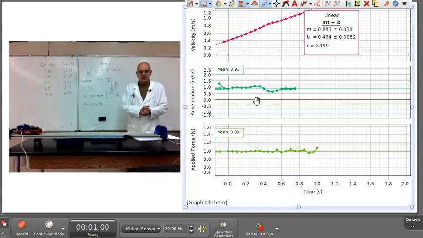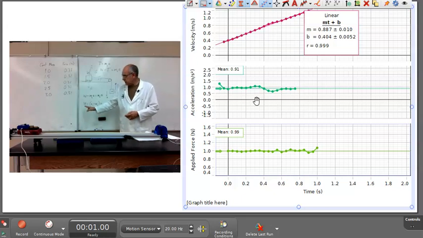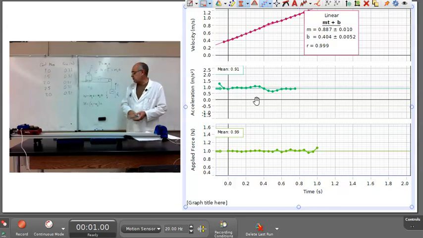So if the force that's pulling downward is 1 newton, we're not accelerating 1 kilogram of mass. We're actually accelerating 1.1 kilograms of mass. And so we see the acceleration is going to be slightly below 1 meter per second squared.